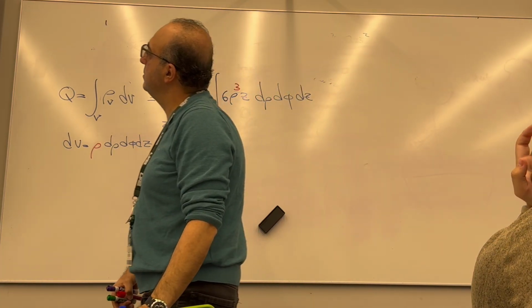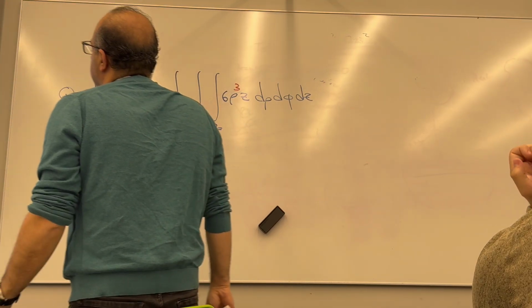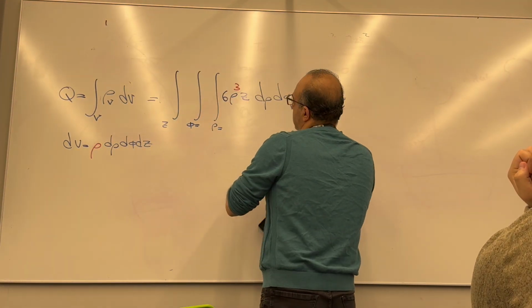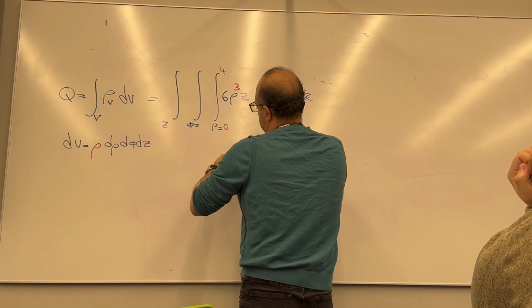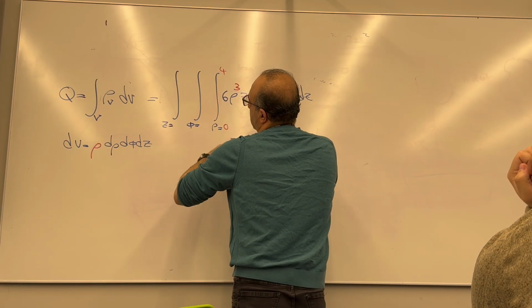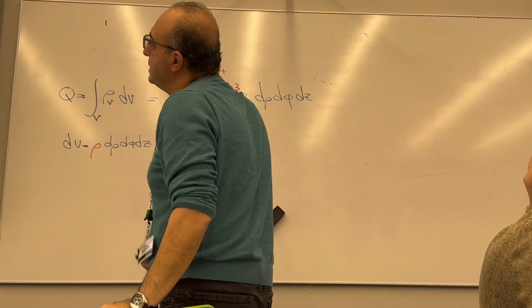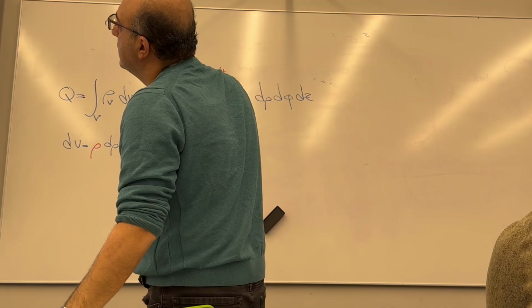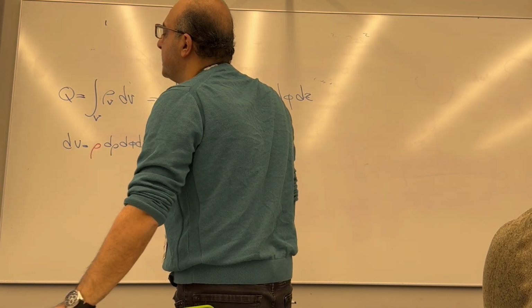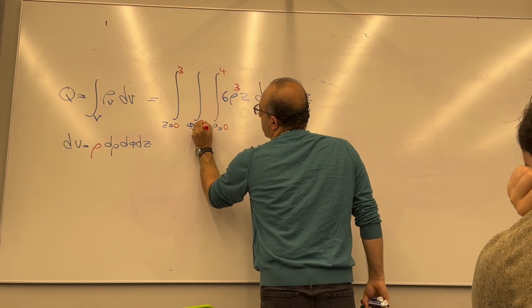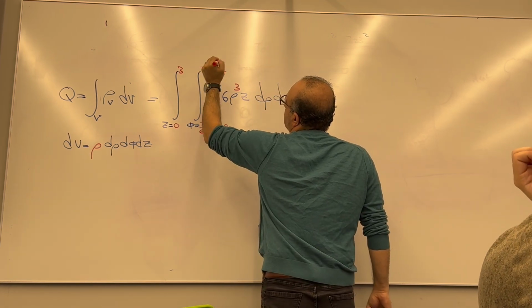Rho is from 0 to 4, phi is from 30 degrees to 90 degrees, which is pi over 6 to pi over 2, and z is from 0 to 3.